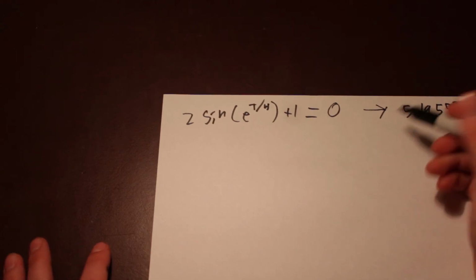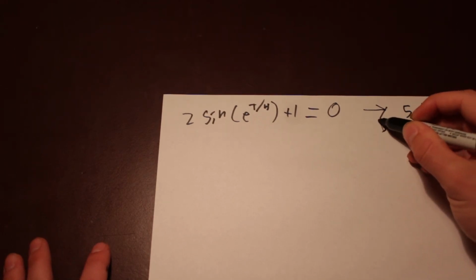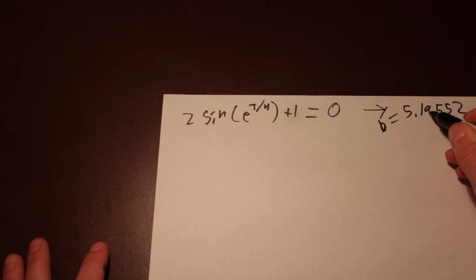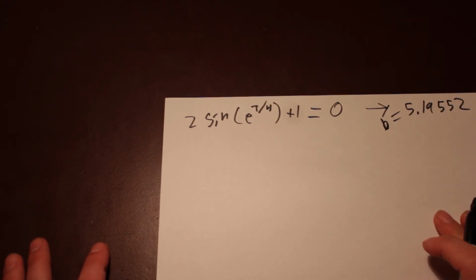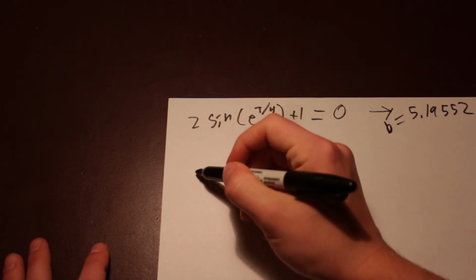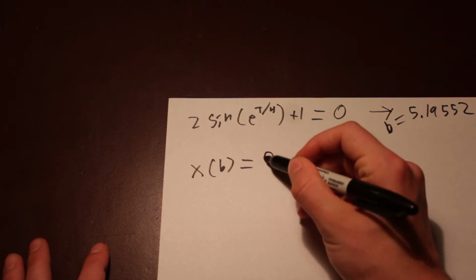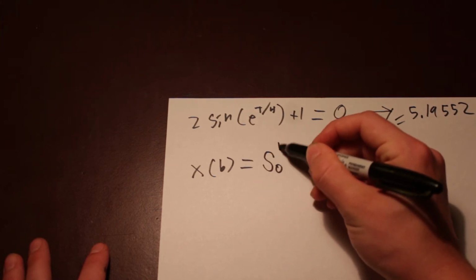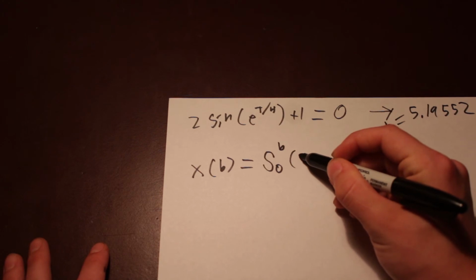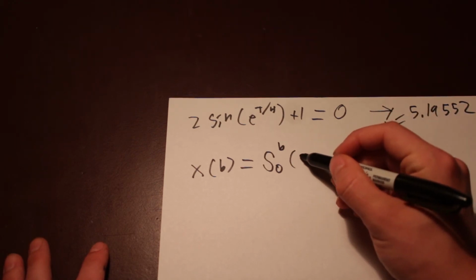So we're just going to let b equal 5.19552, so we don't have to keep writing it out. The position at time b, which is x of b, equals the integral from 0 to b of the velocity function.